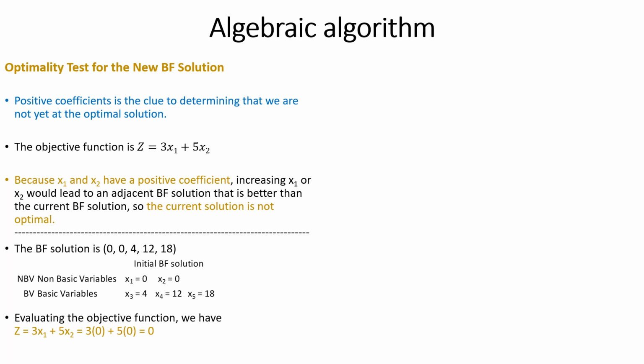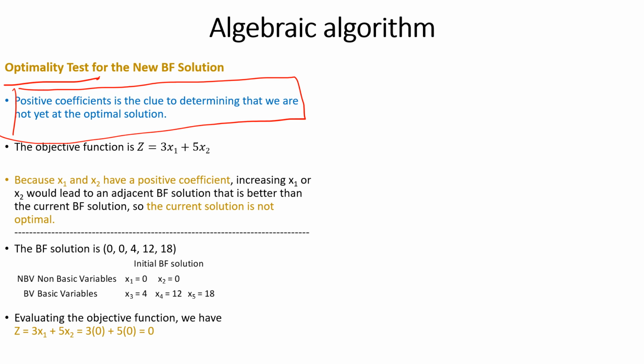So we pass to our next step, the optimality test. At this point, the main criterion for decision is the one that we got here in blue. If we have positive coefficients in our objective function, that means that we can still have a better solution. That's not our optimal solution.